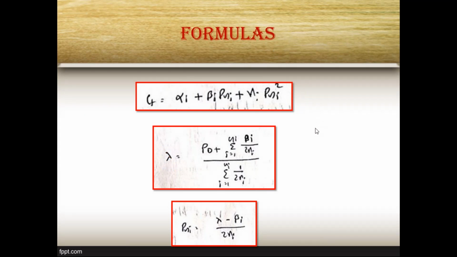After noting down these formulas, just tell me the values of alpha 1, beta 1, gamma 1, and at the same time alpha 2, beta 2, gamma 2, alpha 3, beta 3, gamma 3, by comparing with this equation. We already have 3 equations in the question. Compare those 3 equations with this CT equation, and note down the values of alpha 1, beta 1, gamma 1, similarly alpha 2, beta 2, gamma 2, alpha 3, beta 3, gamma 3.